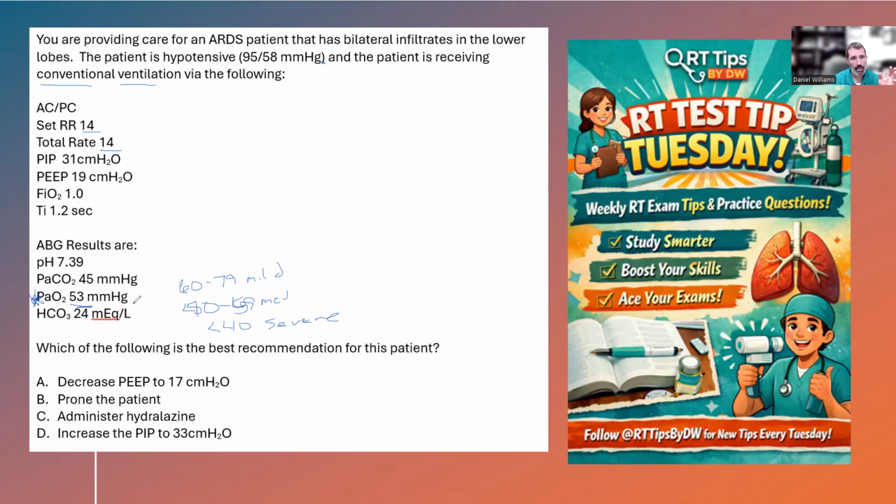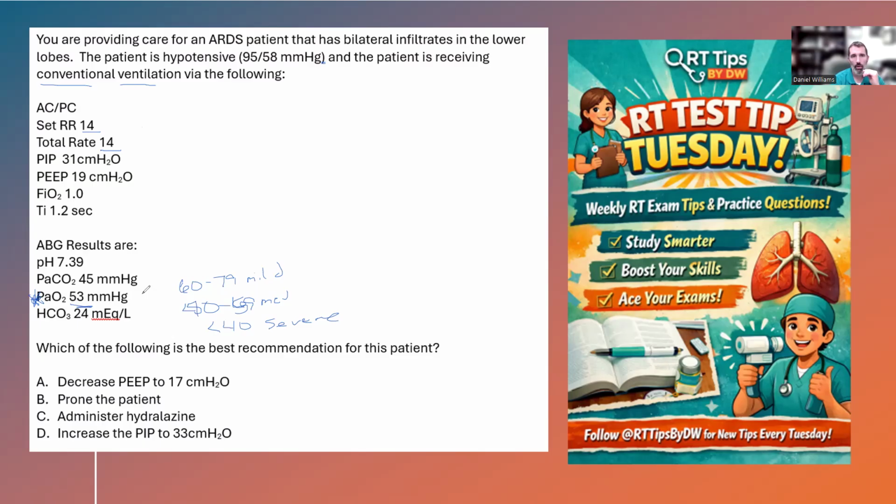So if I'm looking at everything here and I have a PEEP of 19, I do know that extra pressure inside the chest could eventually cause my patient to become hemodynamically unstable or cause their blood pressure to drop. I know excessive pressures with the ventilator can cause that. But I also know that the PEEP coupled with the high FiO2 are supposed to help improve this.